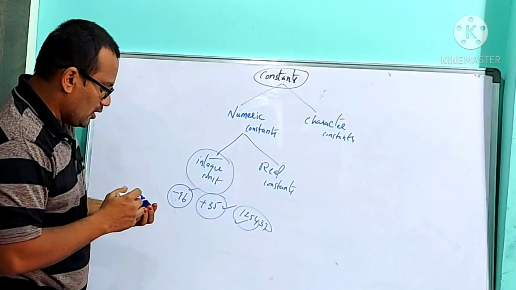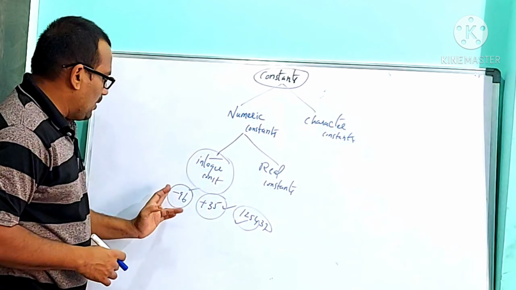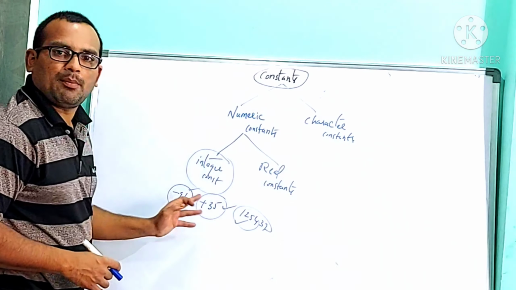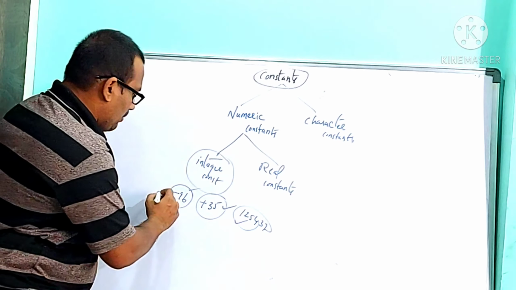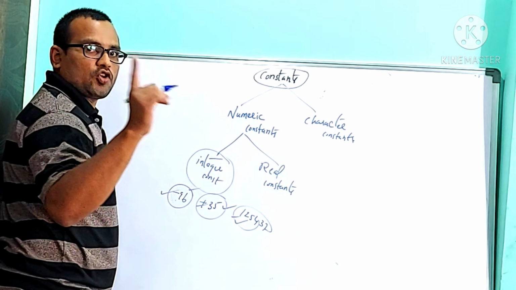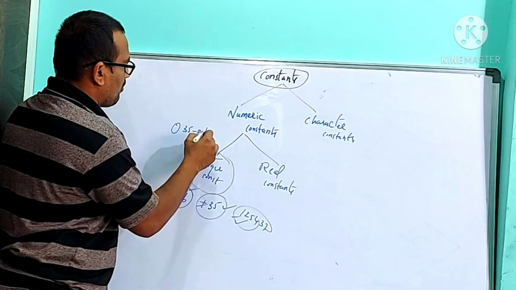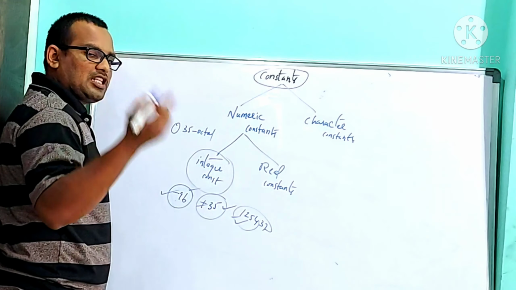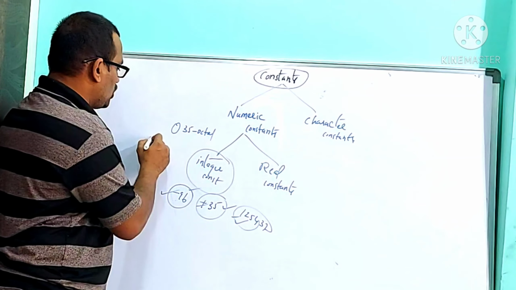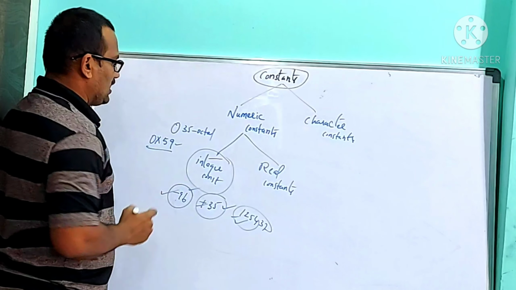1,25,437 is an integer number. So integer constants are the integer numbers. It may be a positive or a negative number. It may be a decimal number. It may be an octal number; an octal number starts with 0, 035 is an octal number. It may be a hexadecimal number; a hexadecimal number starts with 0x, 0x5459 is a hexadecimal number.